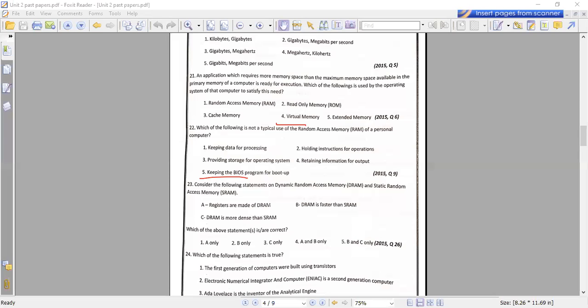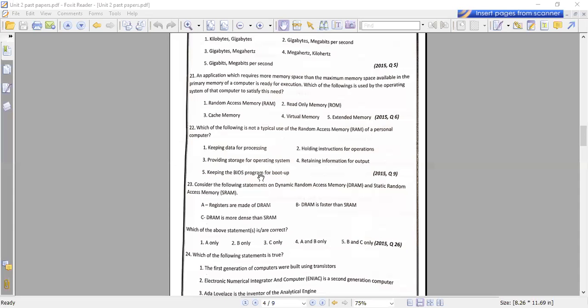That is also wrong. Then DRAM is more dense than SRAM. That is correct. So for 23, the third one should be the answer. Yeah, most of you have put the correct answer.